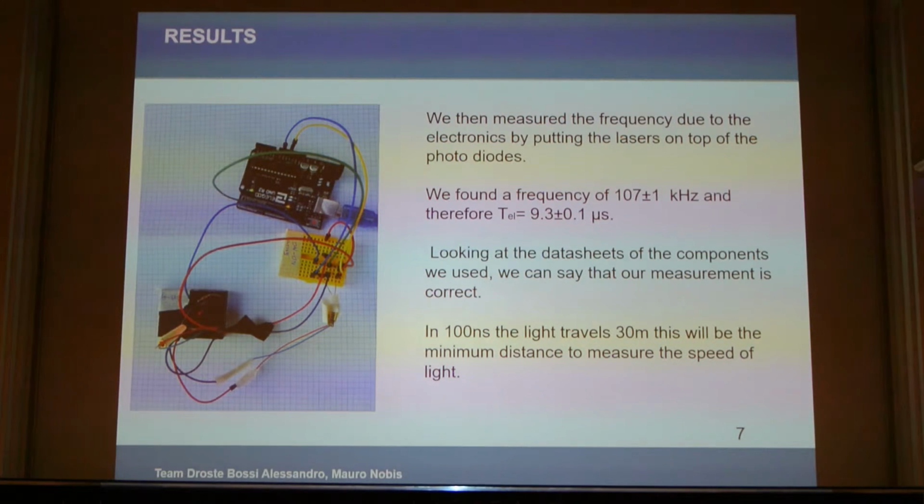Looking at datasheets, we can say that it is a correct measurement for only the electronics. And in 100 nanoseconds, light travels around 30 meters, and this will be the minimum distance to measure the speed of light. It is reasonable to measure with a fiber optic cable.